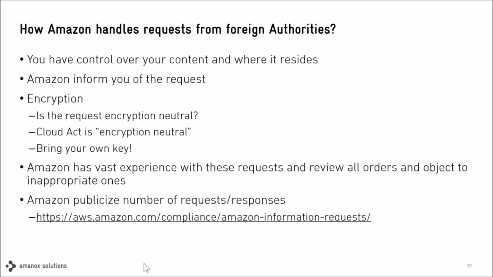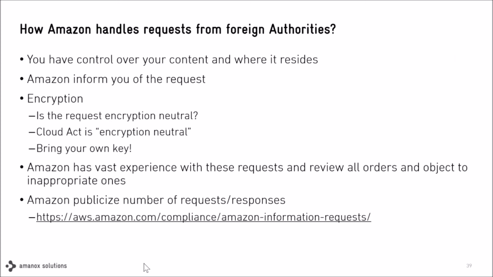Remember, if you use encryption and you have your own keys, then you would need, for example, to further collaborate with the US government in order to decrypt the data so that they can read it. But before going there, and being in that step, your data is encrypted and they cannot read it.